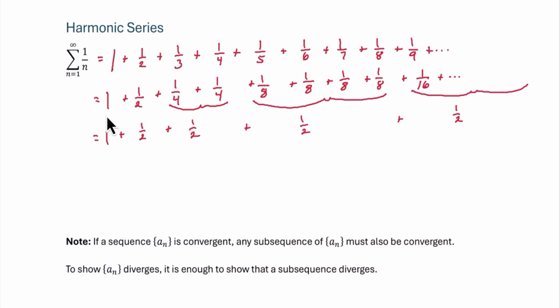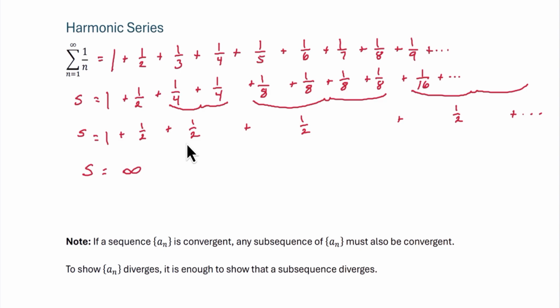And we'll continue this pattern over and over forever. We have 1 plus 1/2 plus 1/2 plus 1/2 plus 1/2, and that's going to continue for a very long time. And so this sum, let's call it S, is just adding 1/2 over and over and over. So we're adding up to infinity.